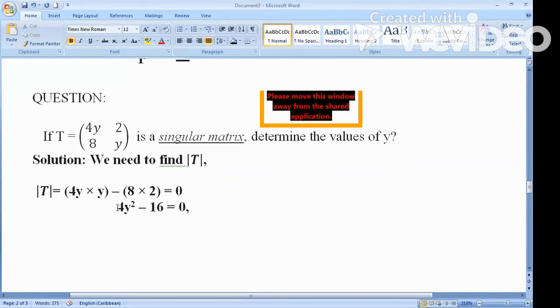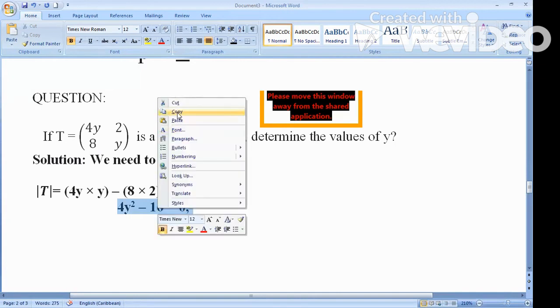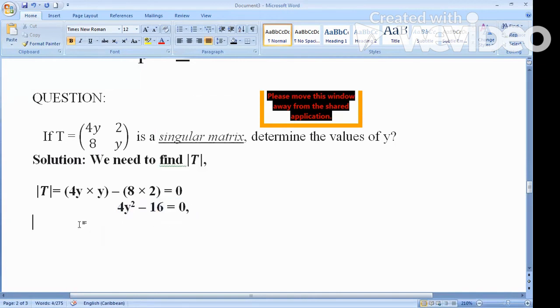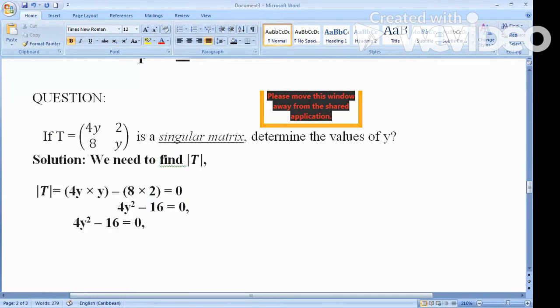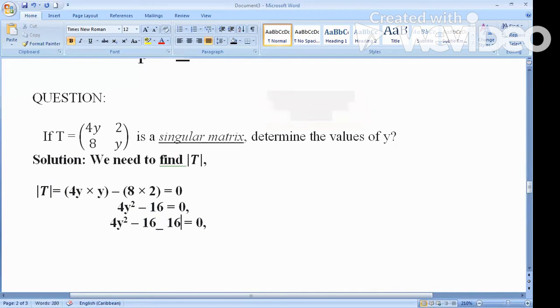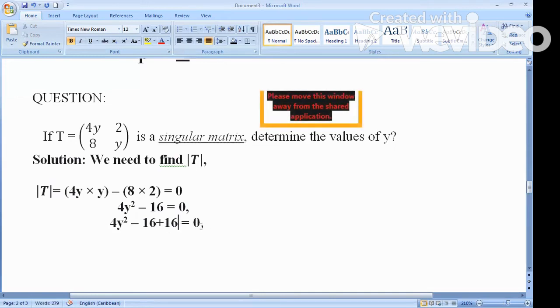What I'm going to do is add 16 on the left and 16 on the right.